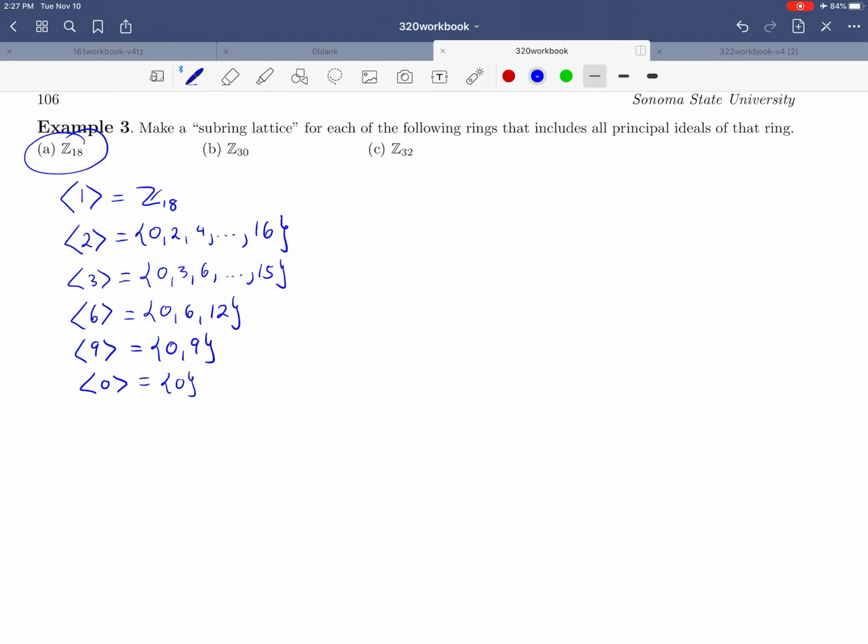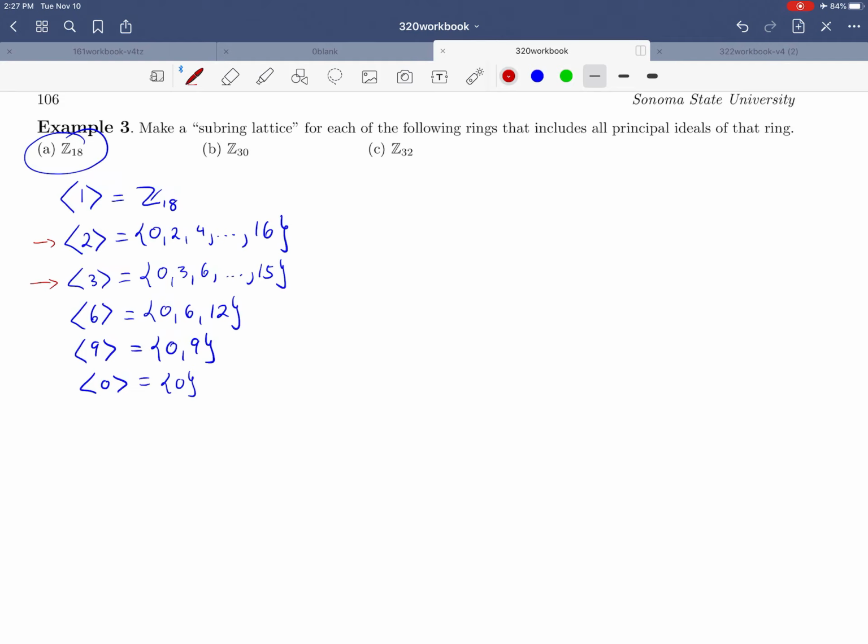And you can see that there is some order here. 2 and 3 generate ideals that, except for 0, don't have anything in common.